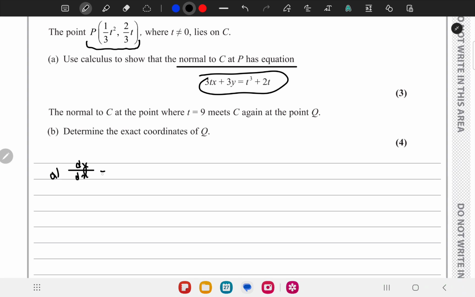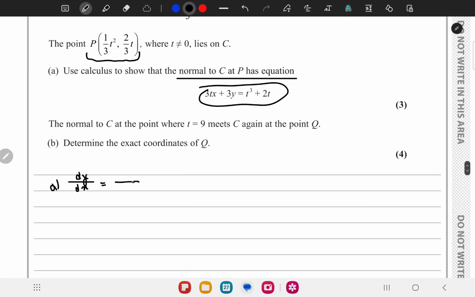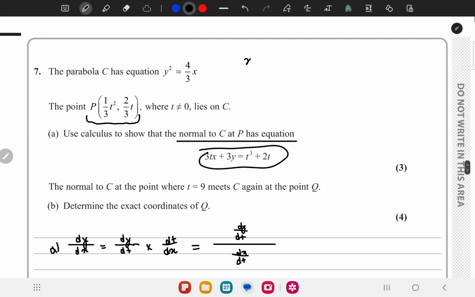dy by dx will be dy by dt times dt by dx, or simply put dy by dt divided by dx by dt. Now we're given that x is 1 by 3t square and y is 2 by 3t.